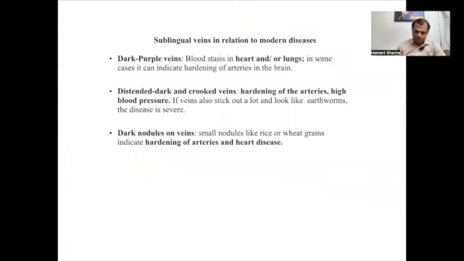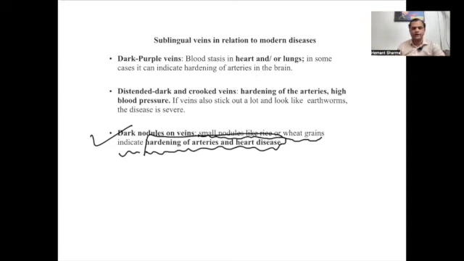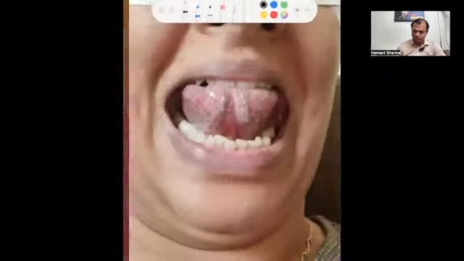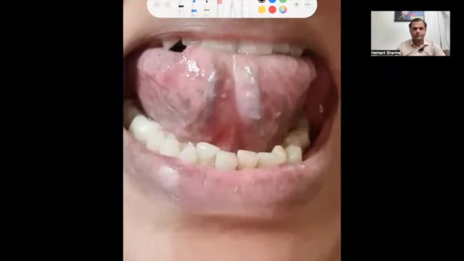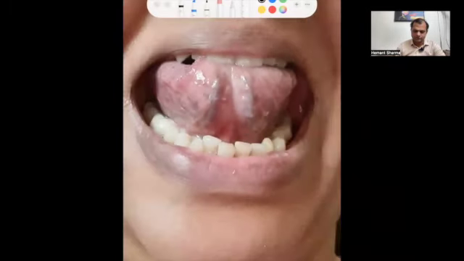So the dark nodule on the vein, a small nodule like rice and wheat grain, indicates hardening of the arteries and heart disease. So this is the nodule, very clearly visible, multiple nodules.